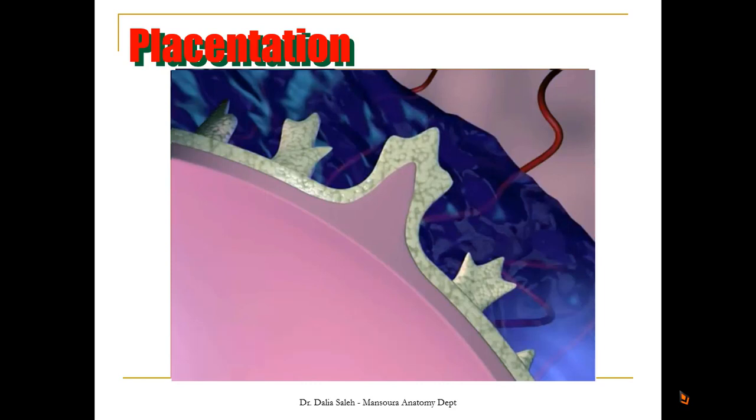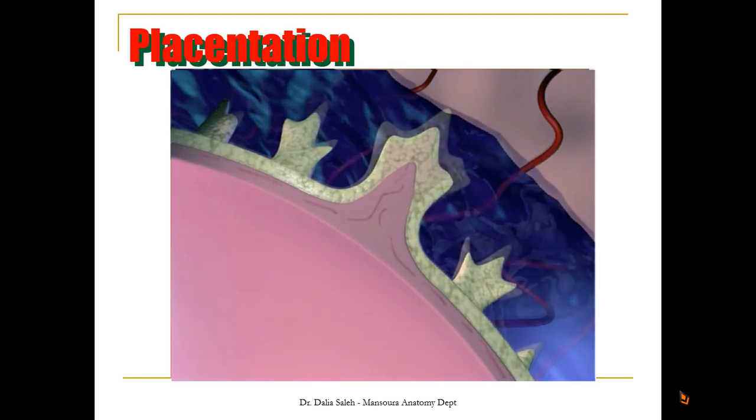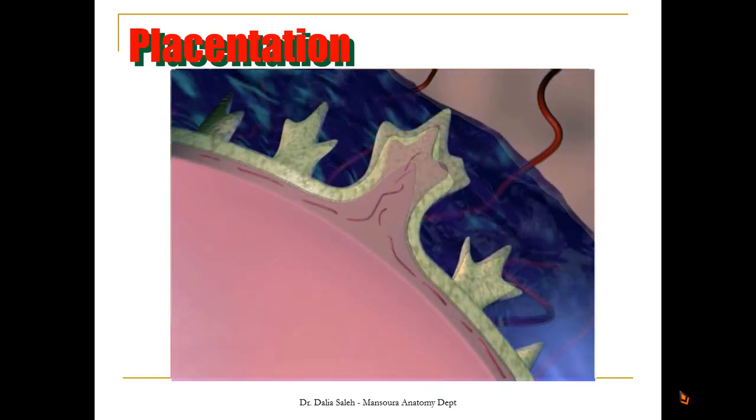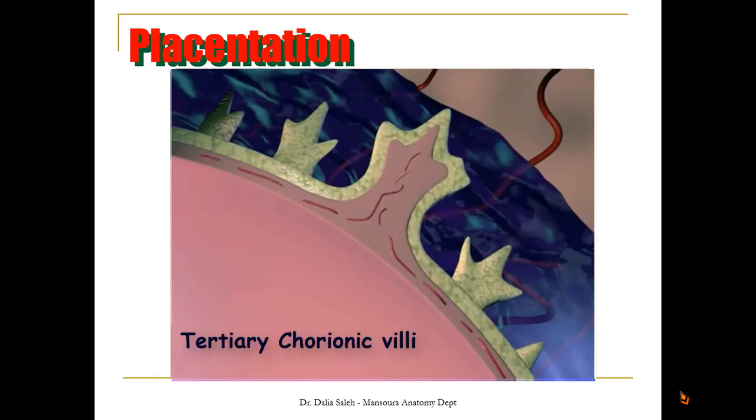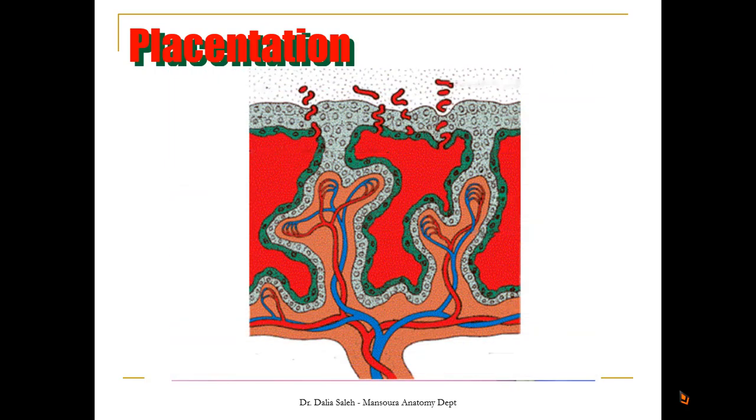When blood vessels are formed inside this extraembryonic mesoderm and invade the core of the chorionic villi, now the tertiary chorionic villi are formed. So here is the tertiary chorionic villi.